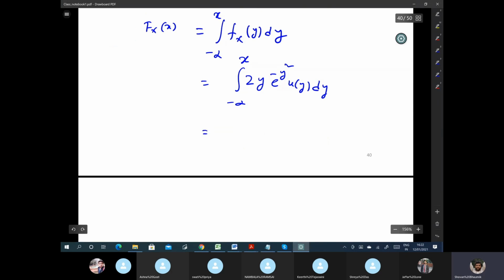So this will be equal to, with the derivative of x squared being 2x, the 2 will go, 2 will come, so 1 minus e to the power minus x square.